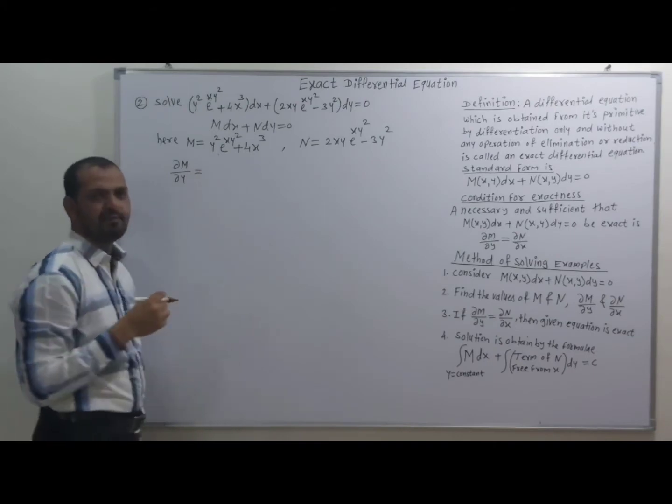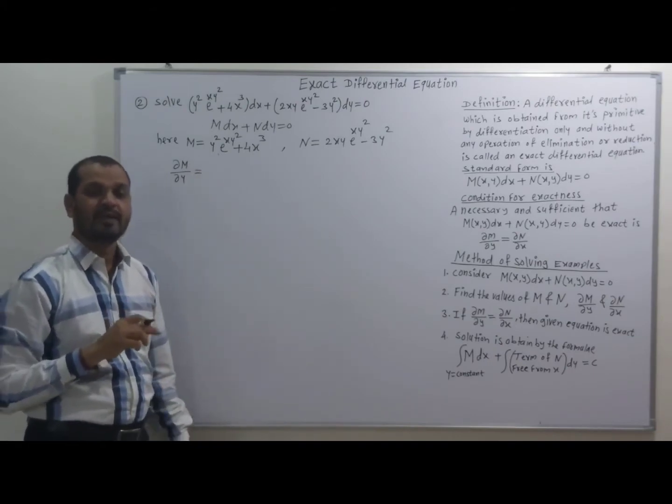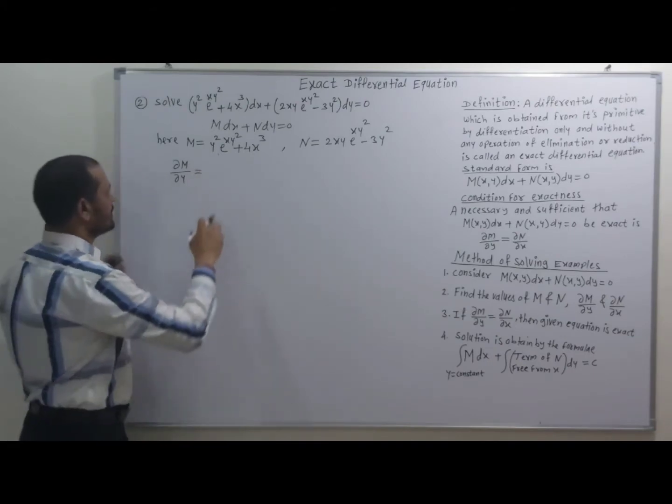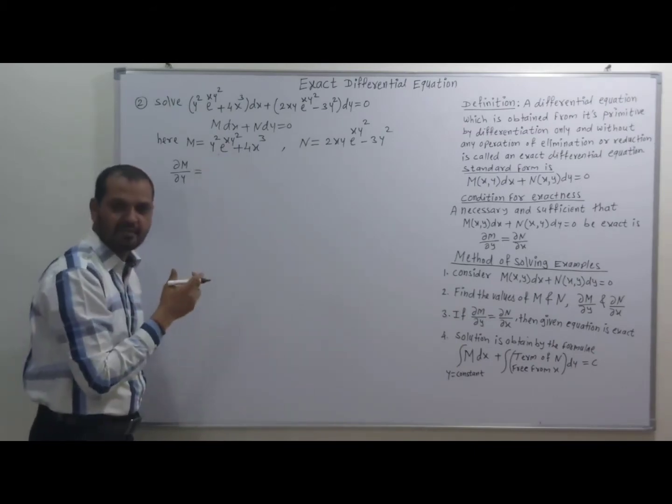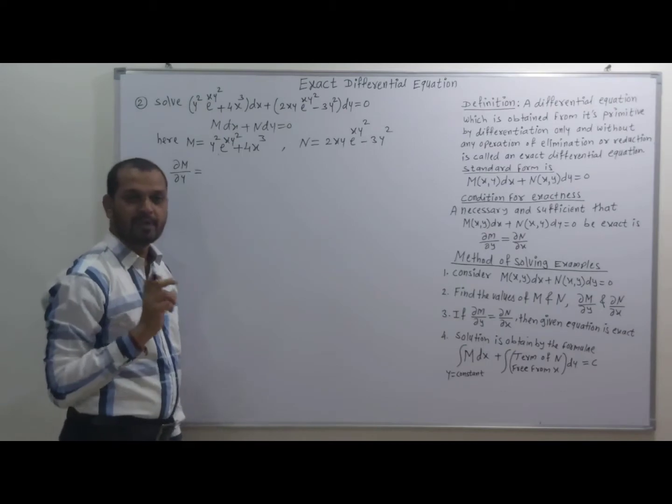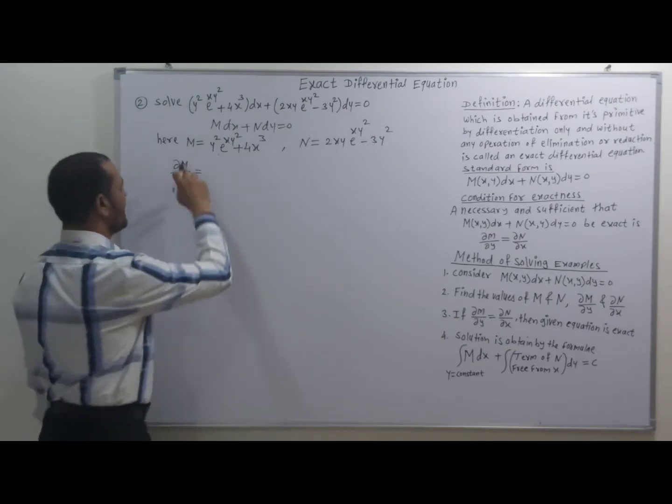When we find the partial derivative of M with respect to y, then x is constant. So here y is available in the first as well as second term, so we use the product rule for this partial derivative.